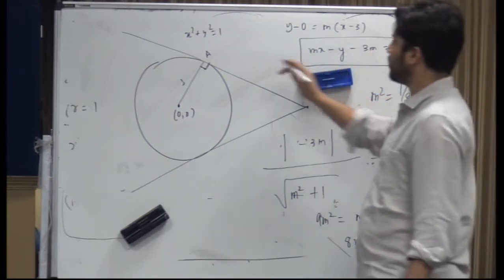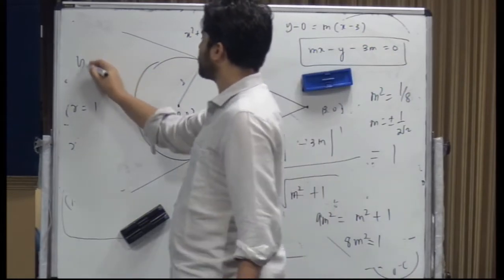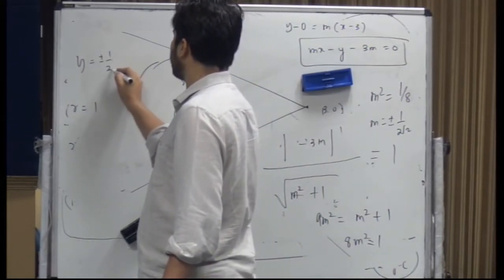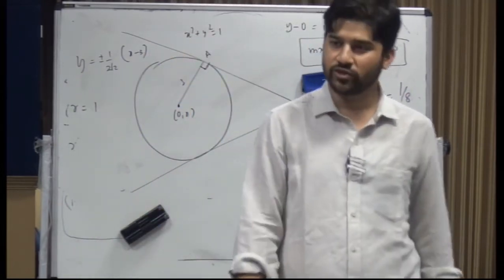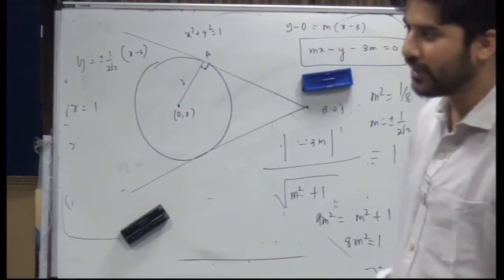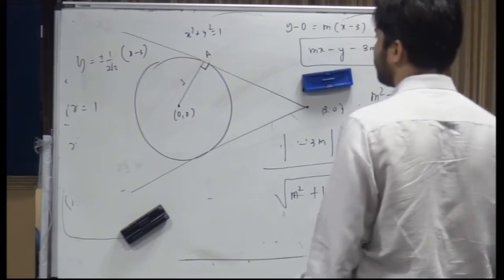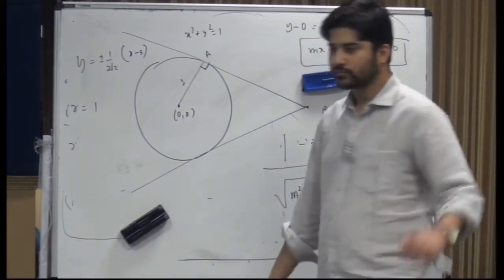So the answer is going to be y is equal to plus minus 1 by 2 root 2 into x minus 3. Such an easy question, right? If you think rightly, question will become easy. Right?